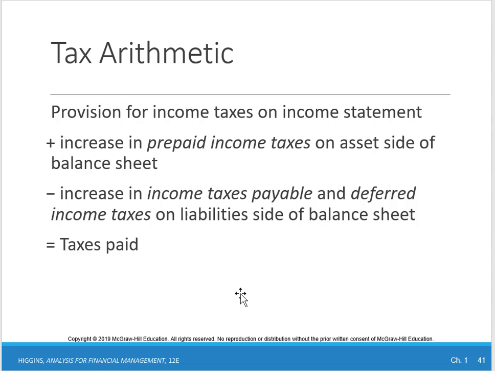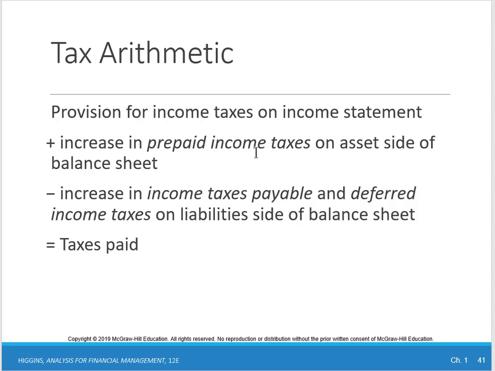Now, because of the accrual method and some other accounting methodologies, how do you know what taxes were actually paid? So if you look, we have something called prepaid income taxes. Quarterly, typically businesses pay taxes. So there is a prepaid tax every quarter, right, that's on the asset side because you paid them now, but they're really not due till the end.